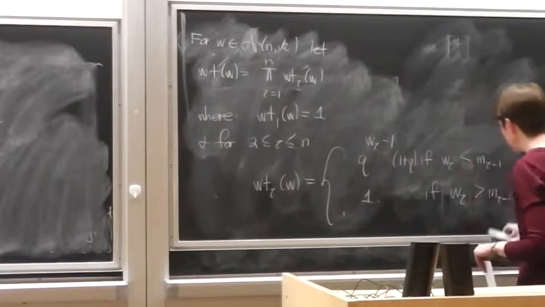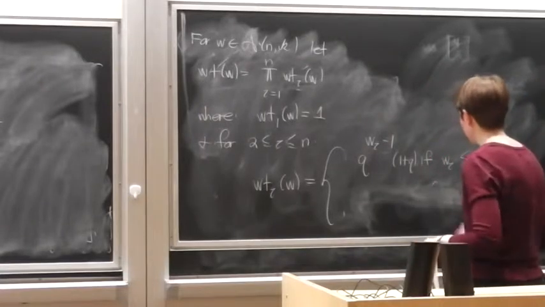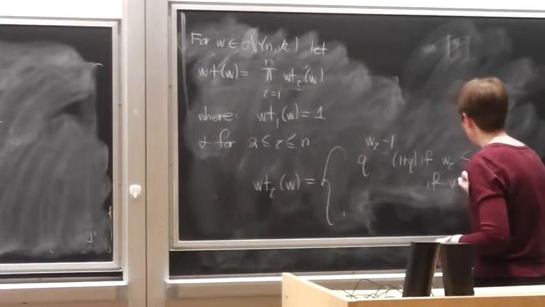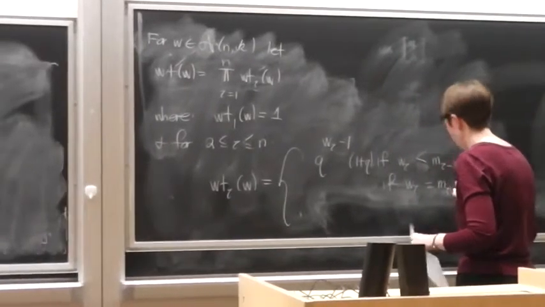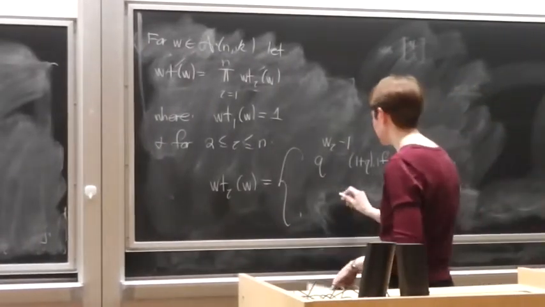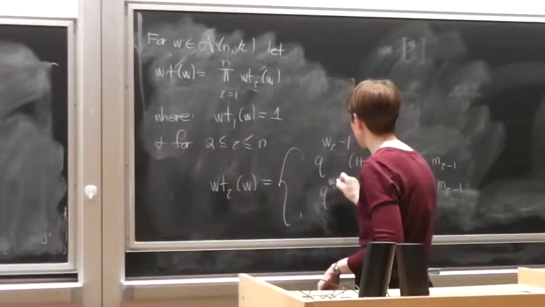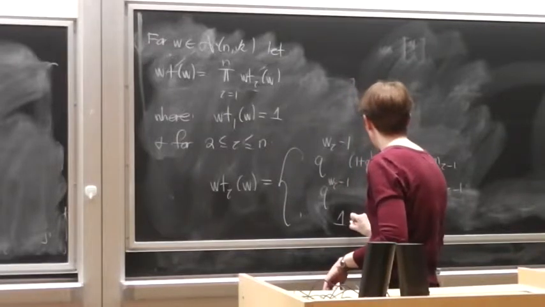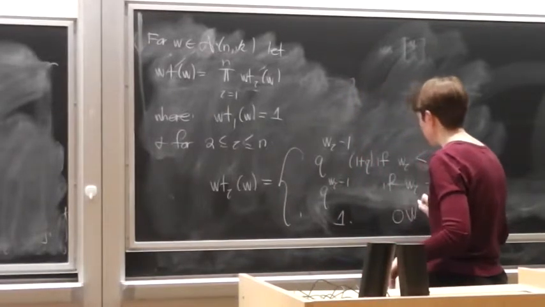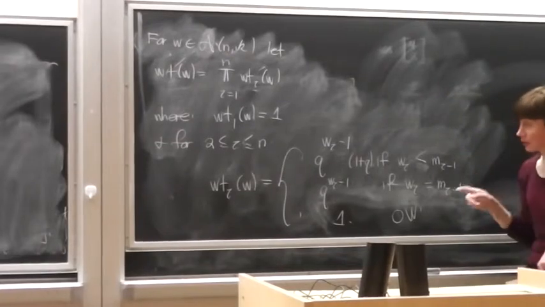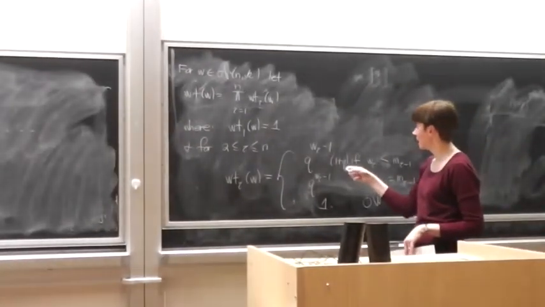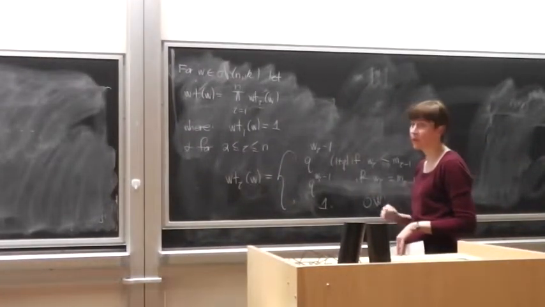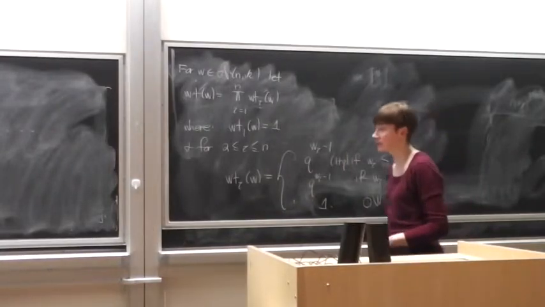When we have equals, we're going to have q to the wi minus 1. And otherwise, 1. So the whole point is that we're going to pick up 1 plus q powers in certain conditions.